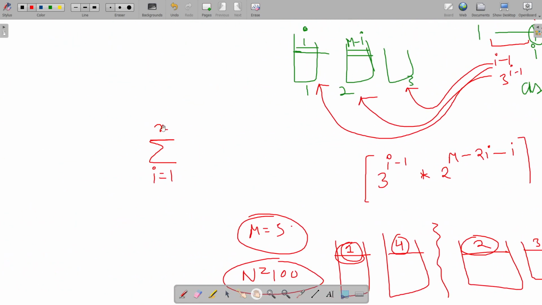But let's say there is some x till which we want to do the summation. So it will be the summation of 3 to the power i minus 1 into 2 to the power m minus 2i minus 1. Okay, one will be there. And you just need to find this summation.